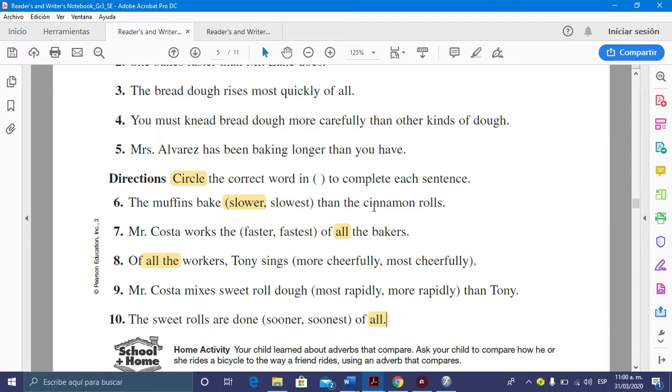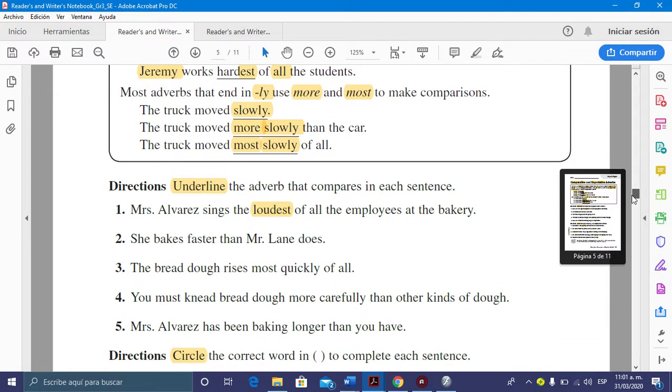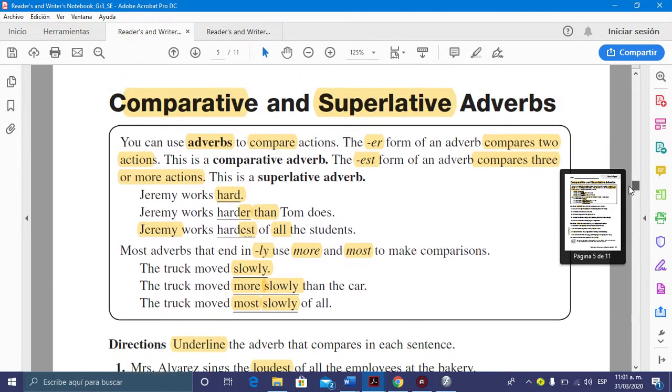We are comparing two things, and when we compare two things, we use comparative, ER, because comparative uses ER and superlative uses EST. Okay, so try to answer alone. You can do it.